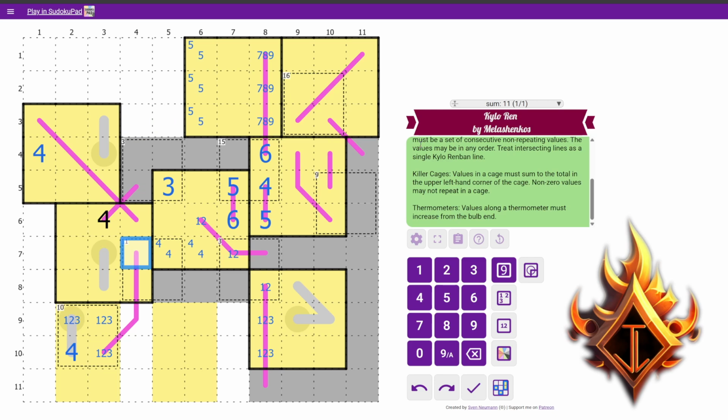This cannot be 6. This cannot be 6. So 6 is in this little world. It's fine.